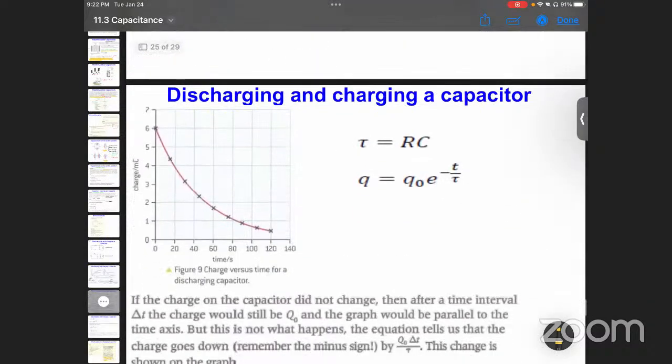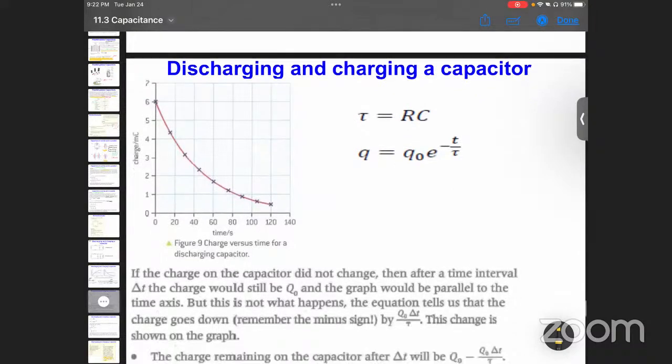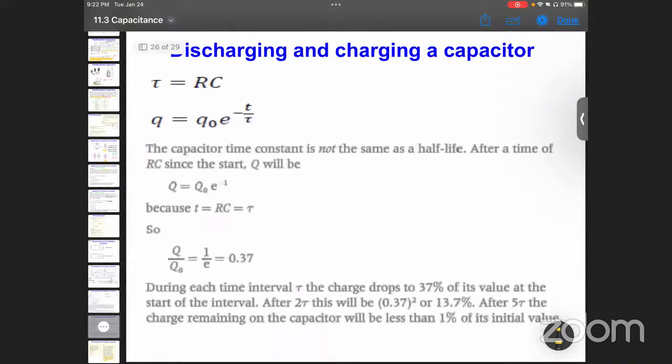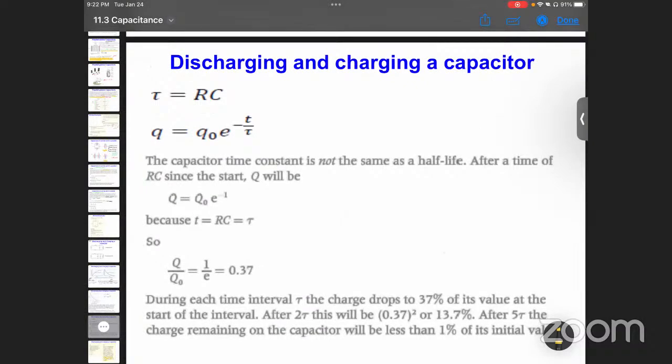So I'm going to find the slide that explains it. Go down again. There you go. Let's stop here. During each time interval tau, remember that the tau unit is going to be time anyway. Even though tau doesn't sound like time, the unit will be in time.